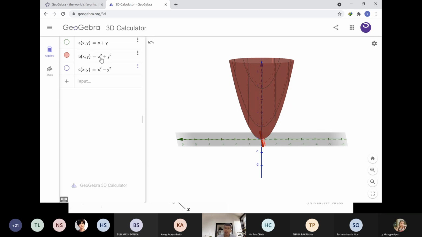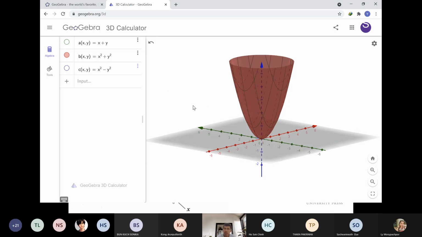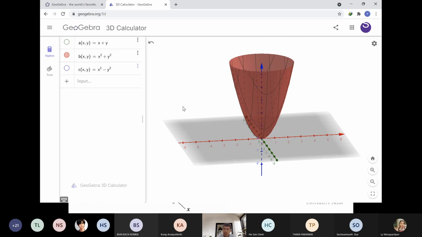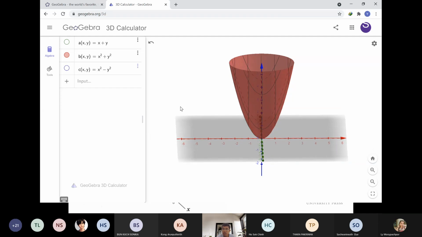Parabola, right? So if you take a look at this shape in a particular direction, for example, if you look at something like this, you will see exactly the parabola, if you just focus on one direction.